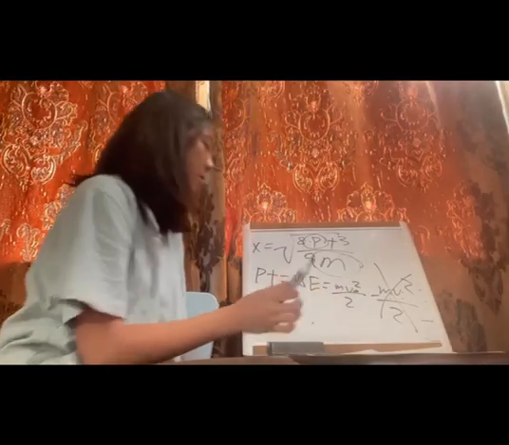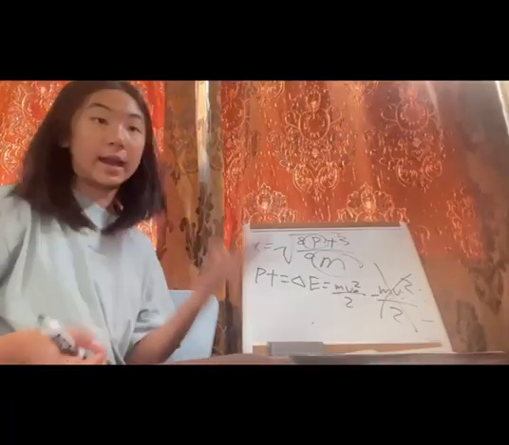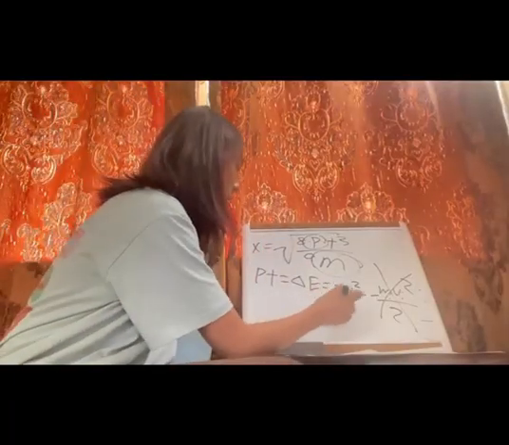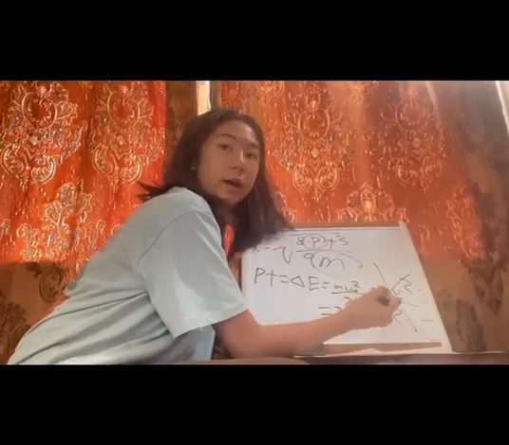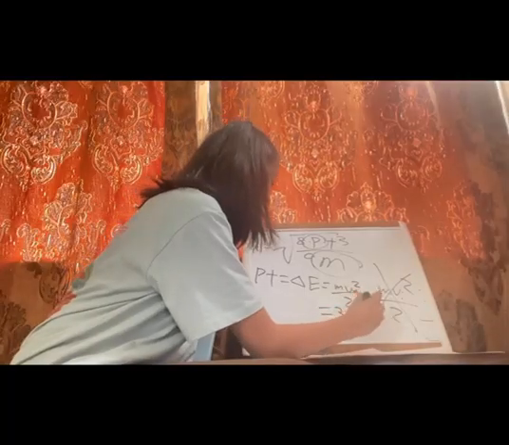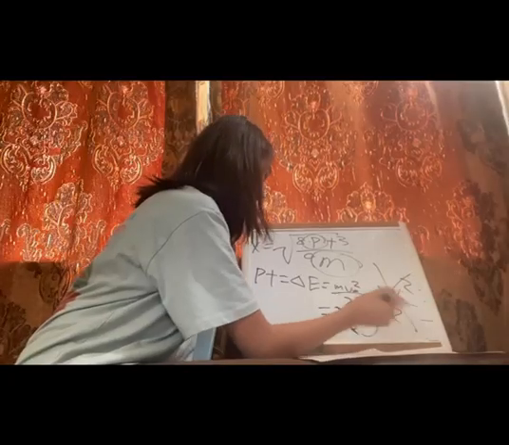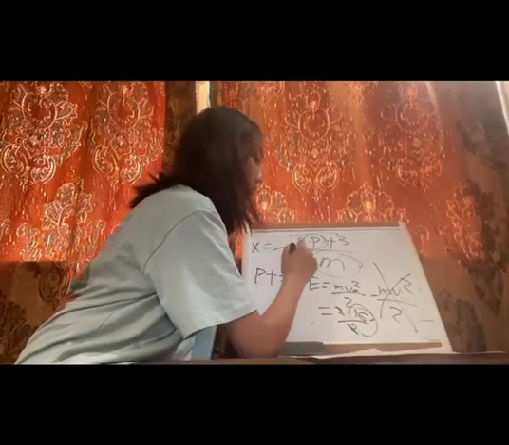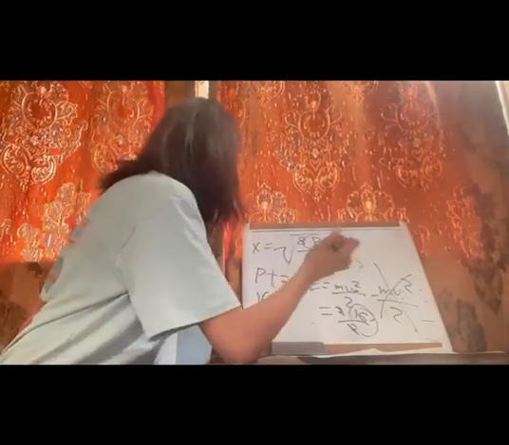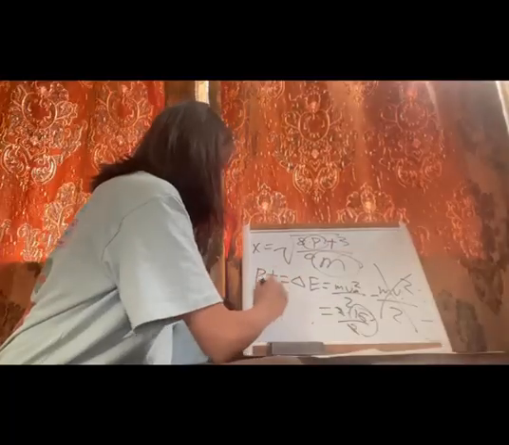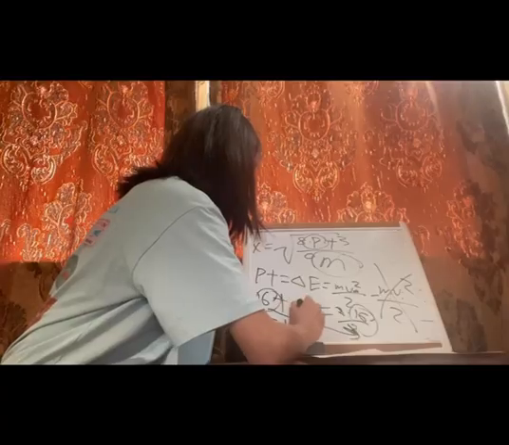We do know the velocity and mass. So m is 2 multiplied by 4 squared, which is 16, divided by 2. The 2s cancel, and we get 16. So Pt is equal to 16. And we also know that power is 16. So now we move 16 to the other side. T is equal to 1 second.